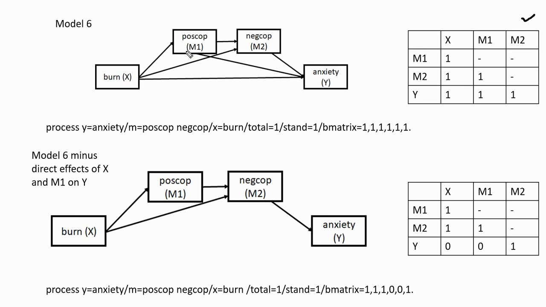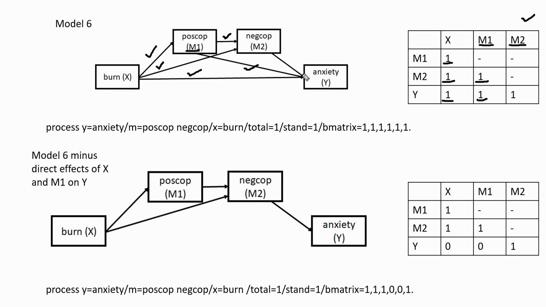So we have X predicting M1, so that path right there. So we fix that coefficient to 1. We have X predicting M2, which is this path right here, and then X predicting Y, so we have a coefficient for this path of 1 there. Then we have M1 predicting M2 right there, so this path, so we're setting that coefficient to 1, and then M1 predicting Y, which is this path right here, so we're setting that coefficient to 1.